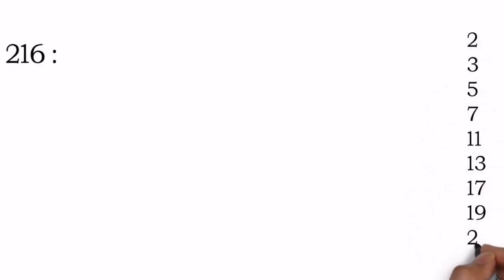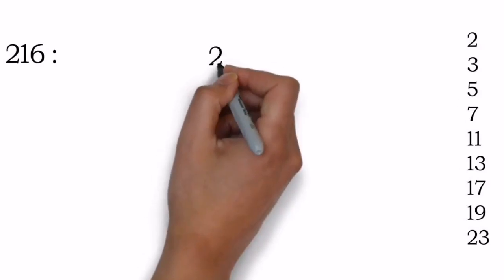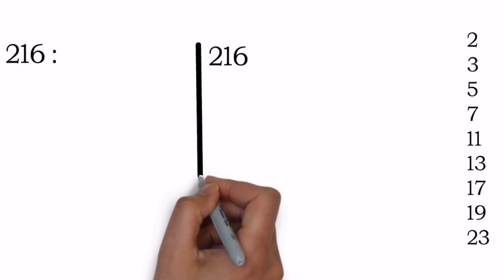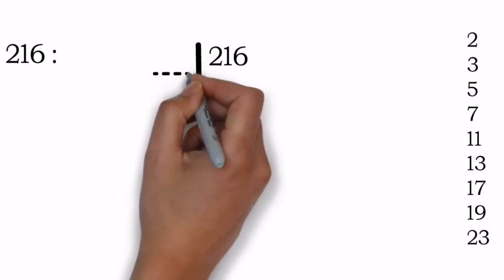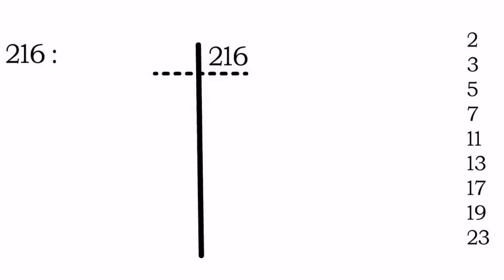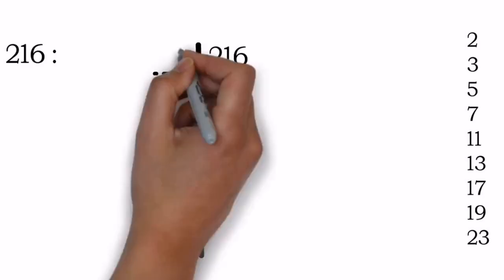So again, let's try to find the prime factors of 216. 216 is an even number, so it can be divided by 2, and if you add the digits of 216, that is 2 plus 1 plus 6, you get 9, meaning 216 is divisible by 3 also. Always prefer the bigger number, so let's divide 216 by 3.